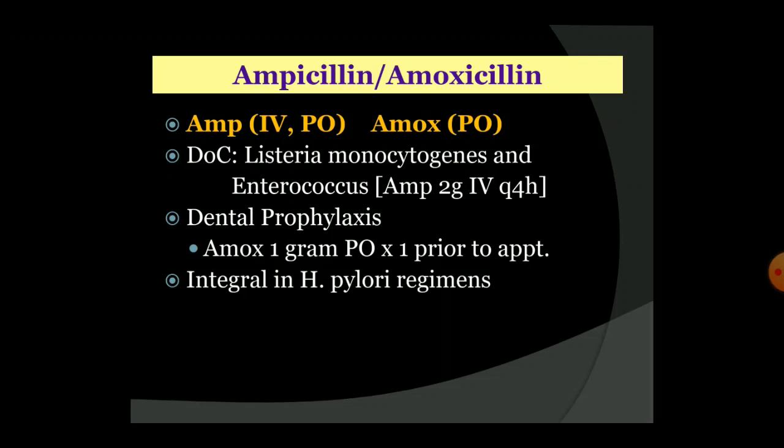Amoxicillin has certain advantages over ampicillin, which I discussed previously. It's basically a structural analog of ampicillin and has uses similar to those of ampicillin, but with certain advantages. The first advantage is it is completely absorbed, and the blood levels on oral administration are twice as high as those of ampicillin.